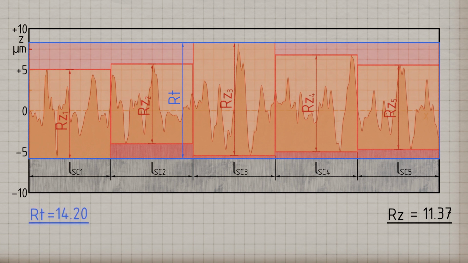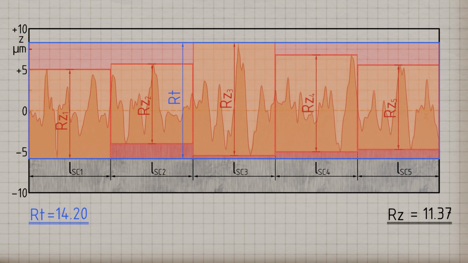The Rt value thus represents the height of the band within which the measured roughness values of the entire evaluation length lie. It should be noted that the total roughness height Rt, as an extreme value of the profile, is always greater than the averaged maximum profile height Rz, which as a mean value also captures smaller profile heights and is therefore lower. If the Rt value is significantly larger than the Rz value, this indicates an inhomogeneous roughness profile, as it obviously contains a large roughness outlier.